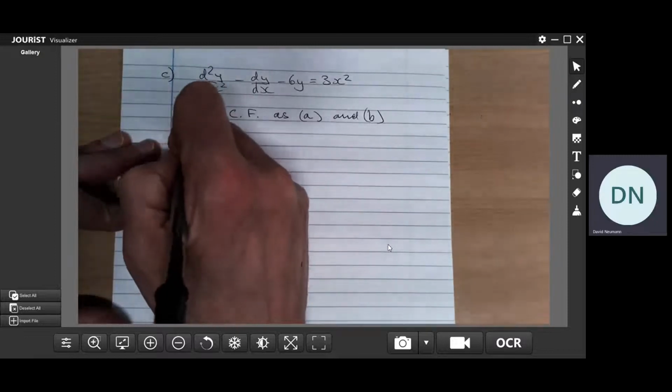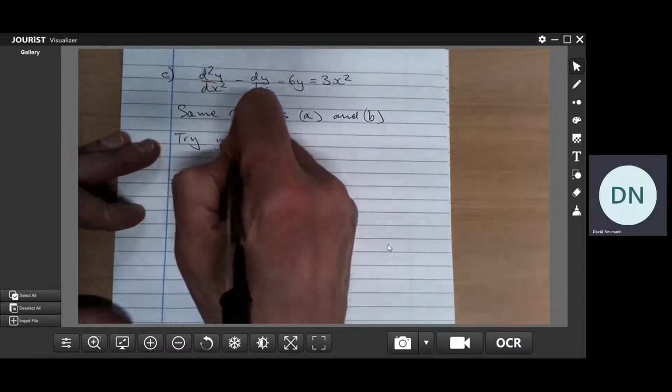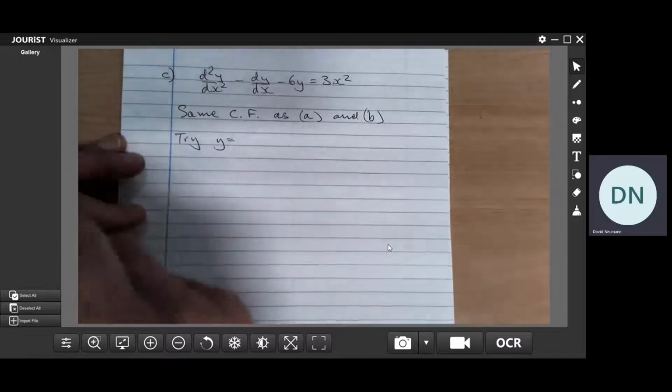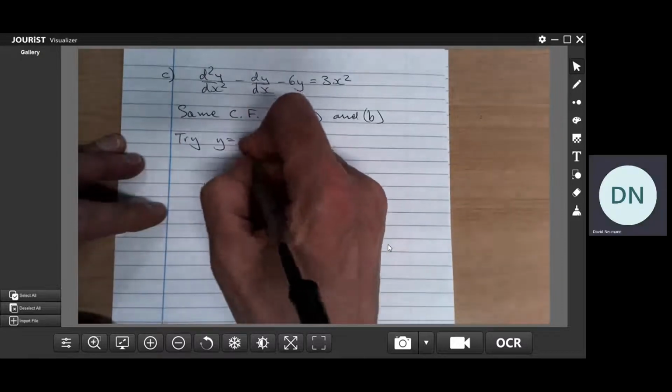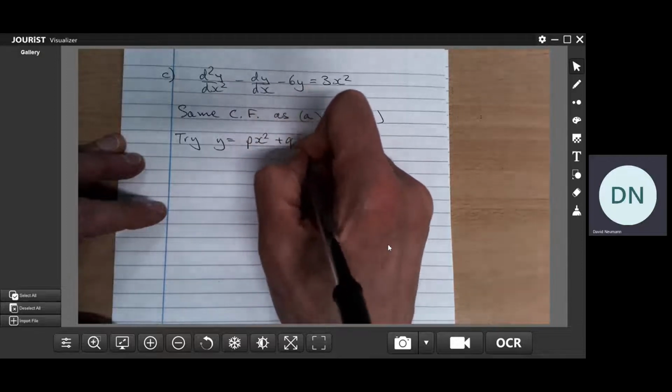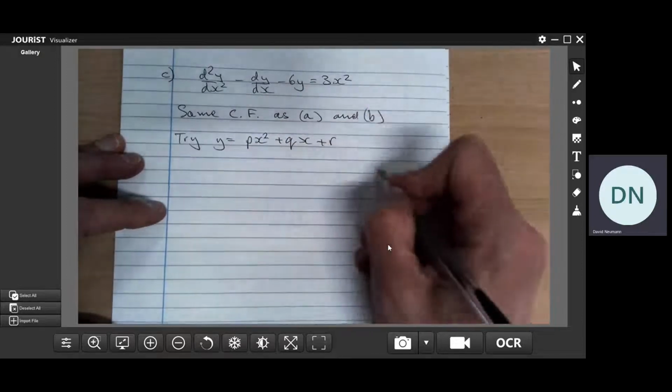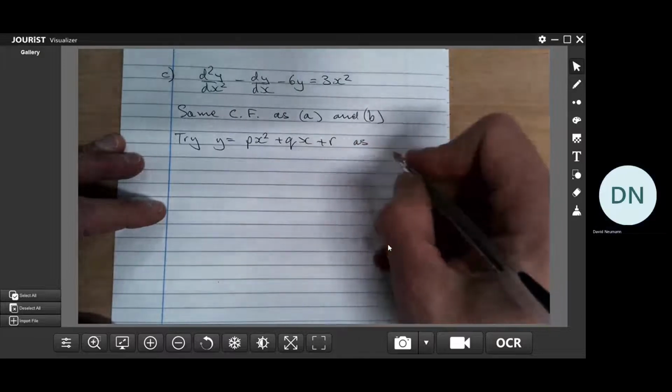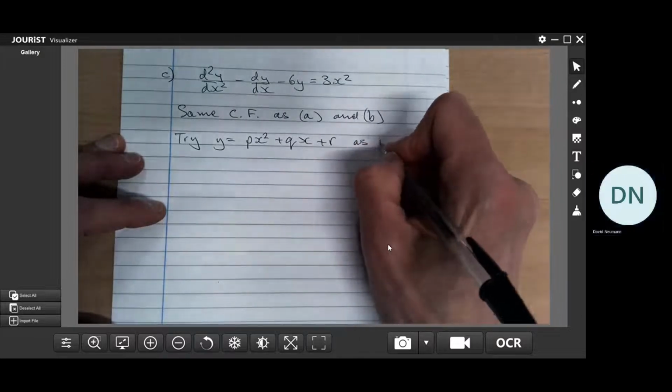So try y equals, let's have p x squared plus q x plus r as a particular integral.